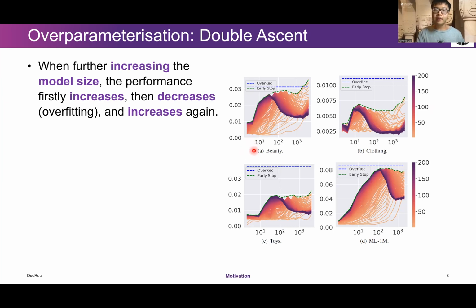One straight line in the vertical axis here means one experiment at one specific width of the model. For example, when the width of the model is 10, the training goes from light yellow to deep purple, and the performance corresponds to from about 0 to 0.02.